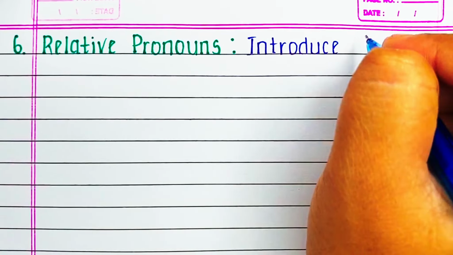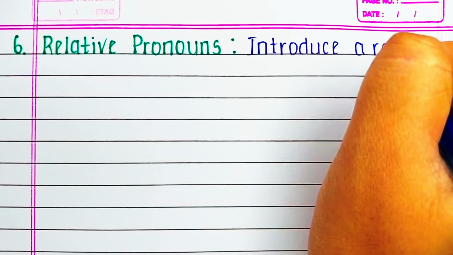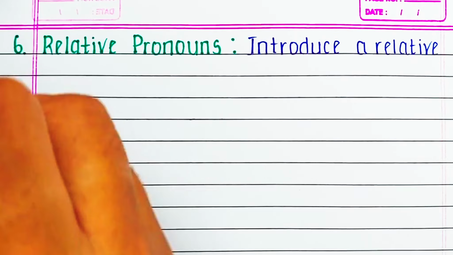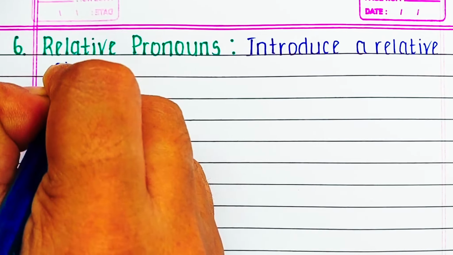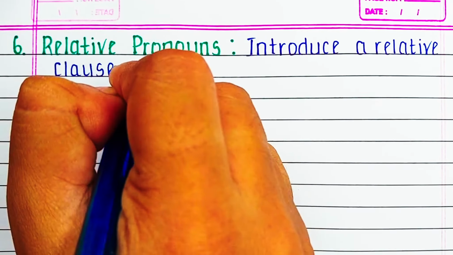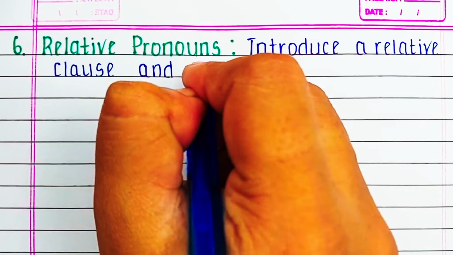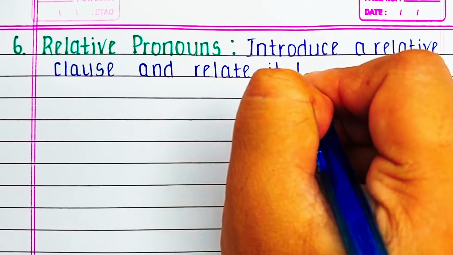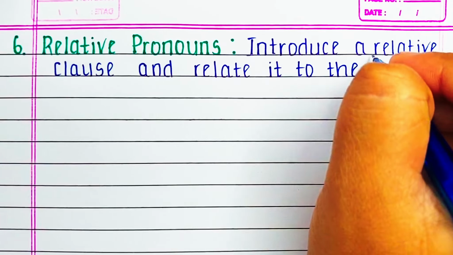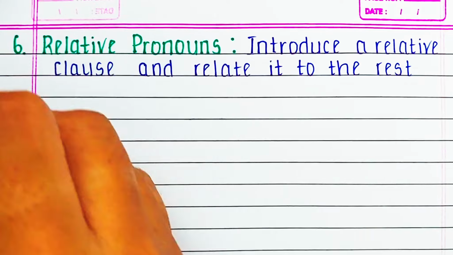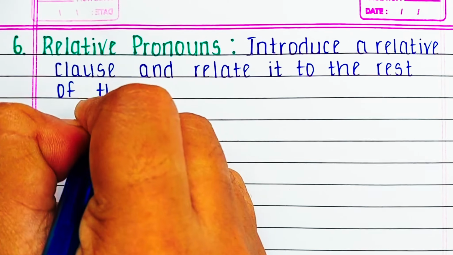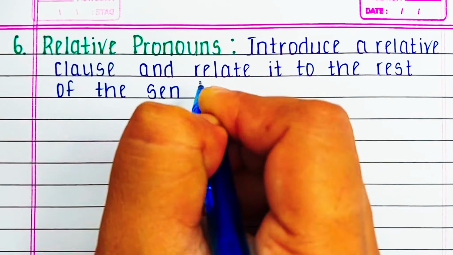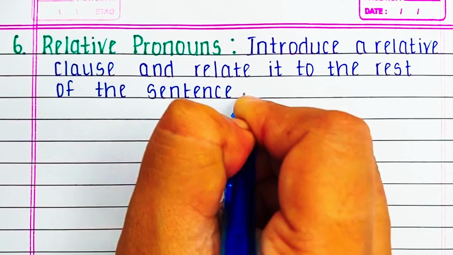Next type of pronoun is relative pronouns. Relative pronouns introduce a relative clause and relate it to the rest of the sentence.